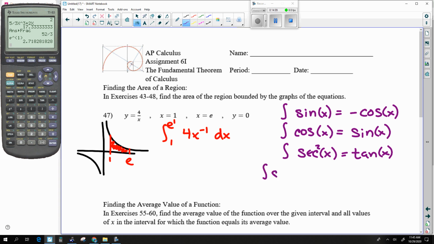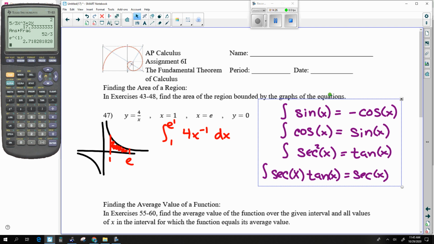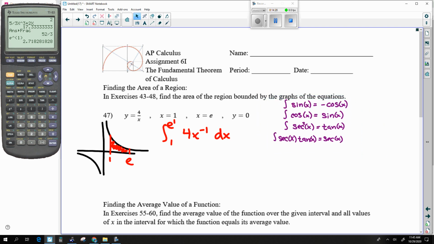We know that secant tangent is secant. Fancy derivatives. We know that e to the x is e to the x. Again, the derivative on the right is going to be equal to the left.